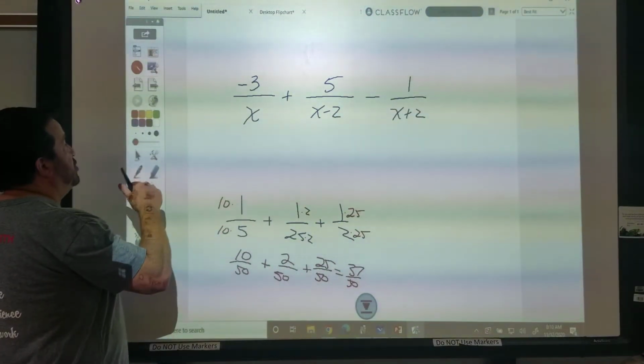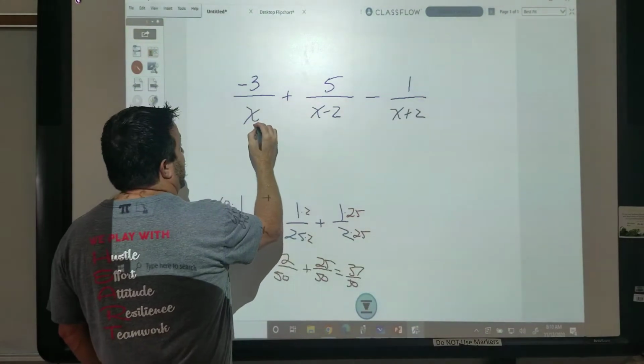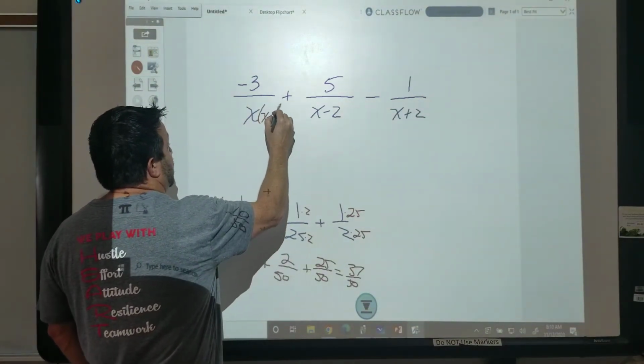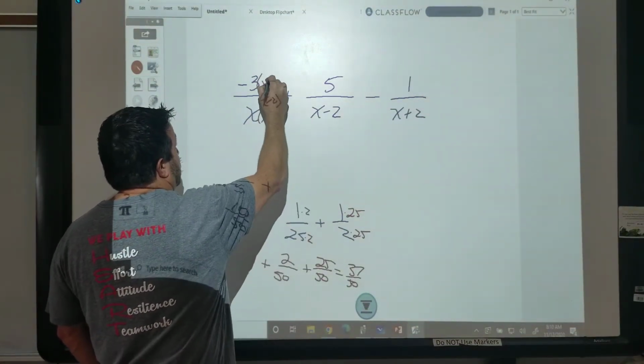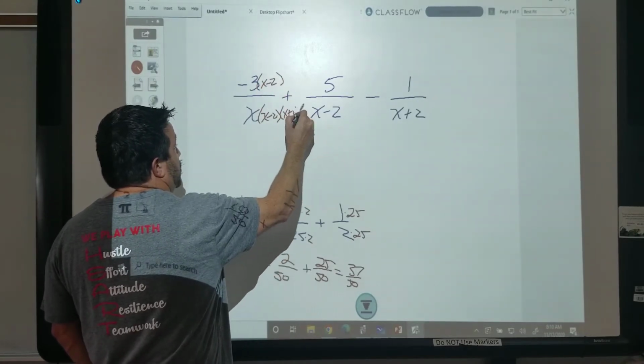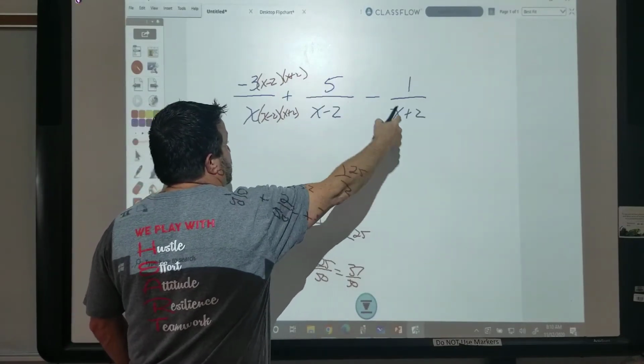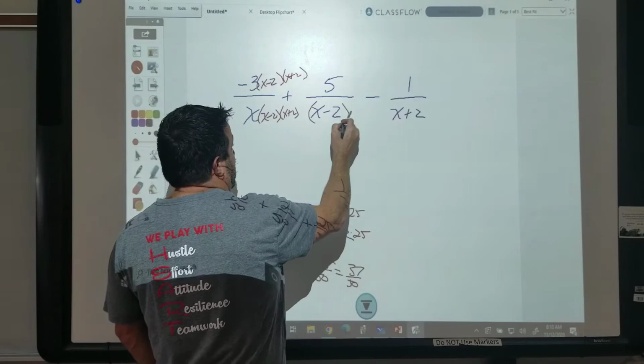What we would have to do is get a common denominator. This one has an x, so I would multiply it by x minus 2, so it matches up with that one. But I would also multiply it by x plus 2, so that it would match up with this final one here. And then this one, I would multiply by x.